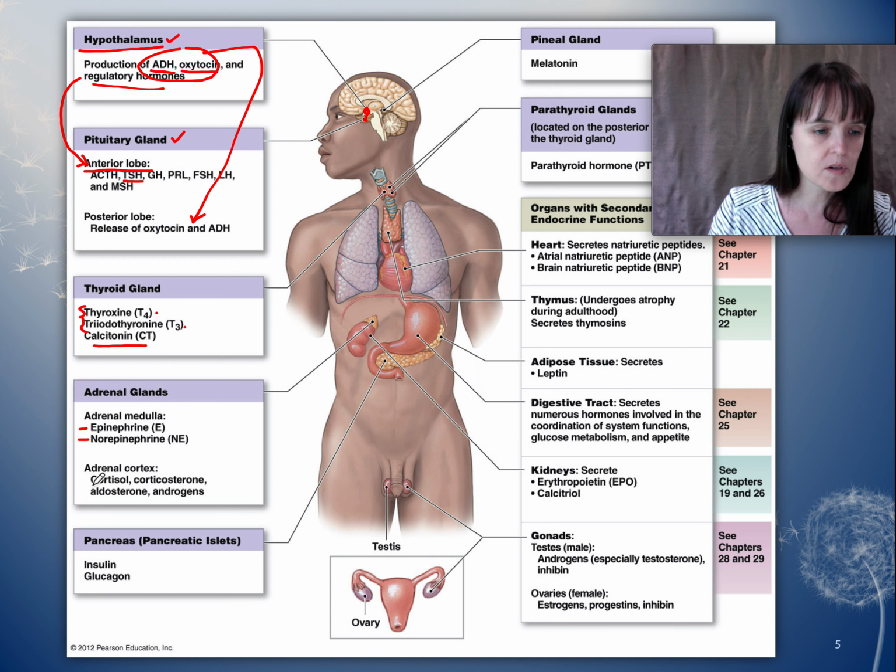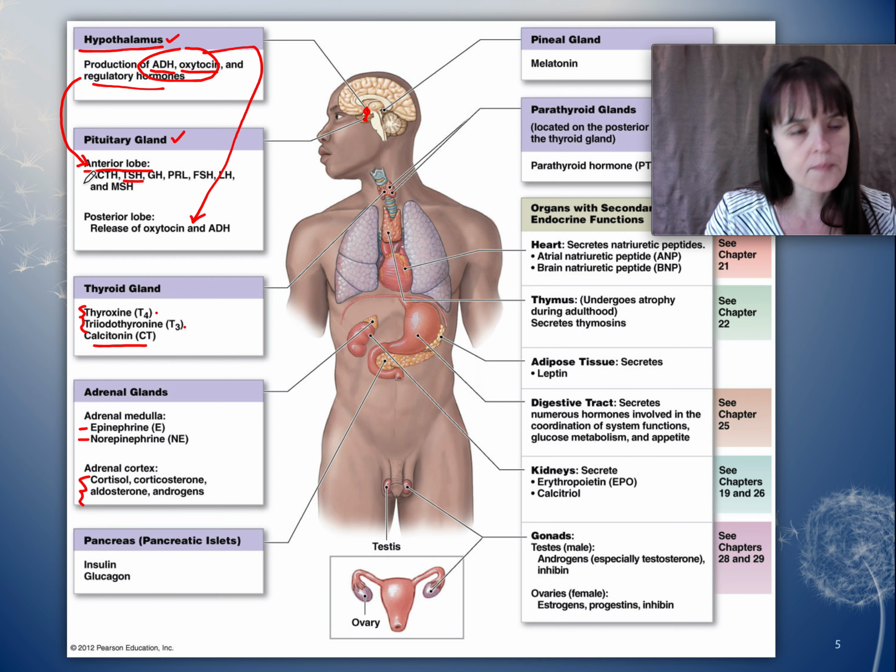The adrenal cortex is two-thirds controlled by ACTH, adrenocorticotropic hormone. Adrenocortico, like the adrenal cortex.